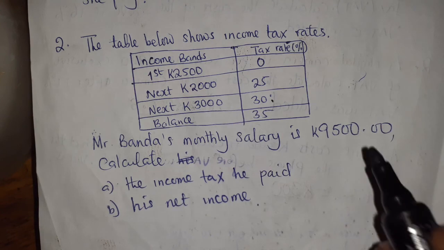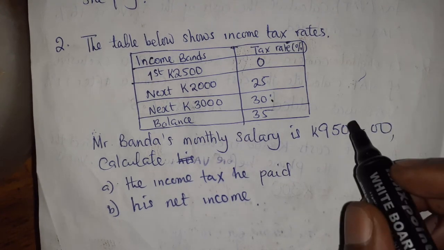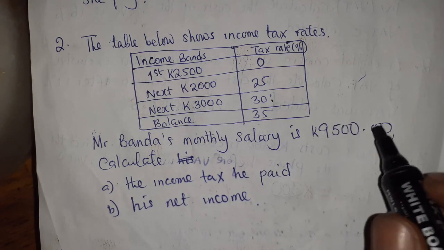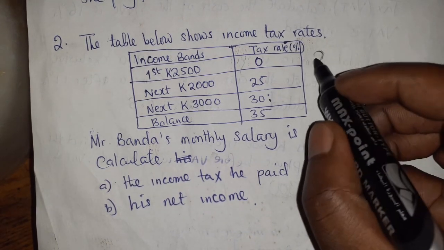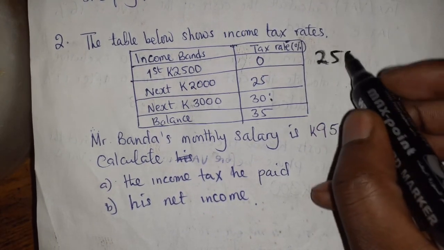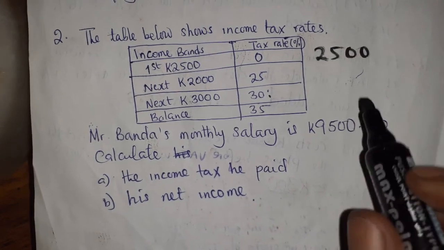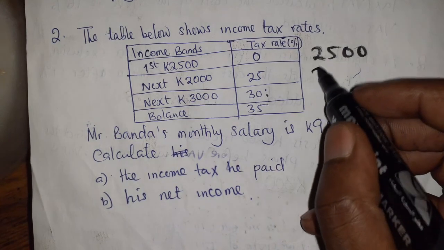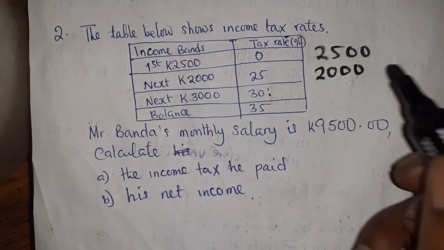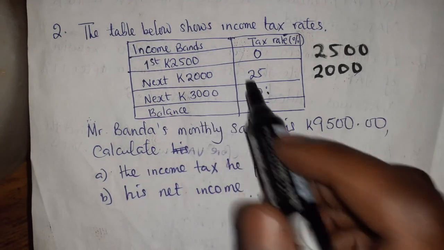So now you have to understand that we need to break down this amount. So we know that this is not going to be taxed. Then the next one, which is 2,000, is going to be taxed at 25.